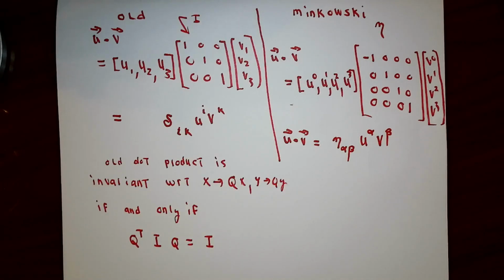We have figured out that the old dot product is invariant with respect to linear transformations if and only if the transformation matrix Q obeys Q transpose I Q equal I, which we usually have written just as Q transpose Q equal I, but I want to write it this way for reasons that'll become clear in a moment.